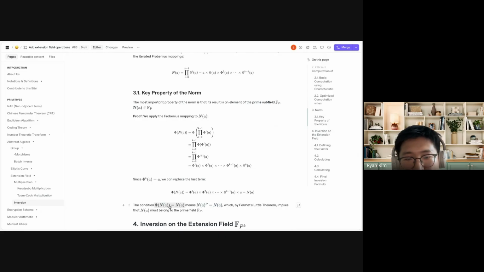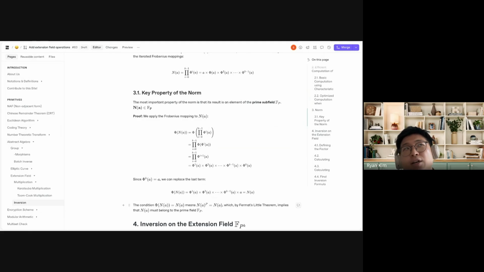In order for this condition to be met, which means if you compute a to the p it becomes a, the multiplication order is p minus 1, and the only case that satisfies this condition is the prime field, because for the extension field the multiplication order is p to the k minus 1.